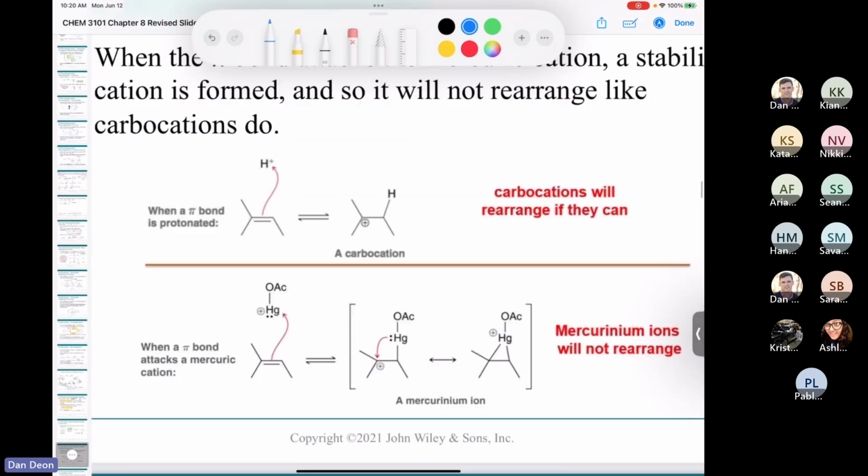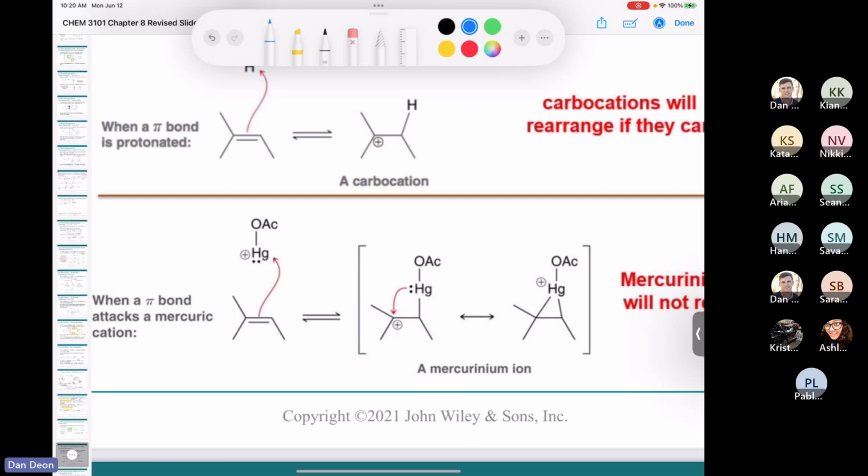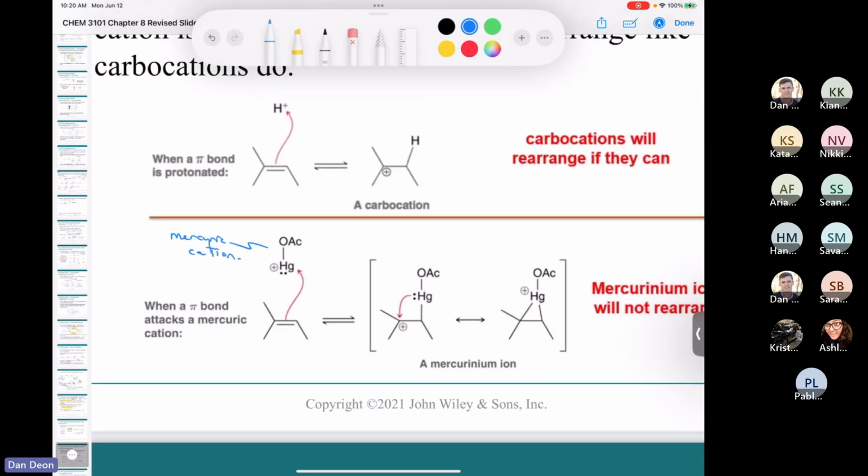Well, you can see that the pi bond, when you put it in the presence of that mercuric cation, so this is the mercuric cation that we saw on the previous slide, acts like an electrophile and attacks it, okay? And then you end up making this thing here, which we call a mercurinium ion. Okay, so you get a mercurinium ion, and you can see that there's 2 contributors to the resonance structure, and one of them is like this 3-membered ring.